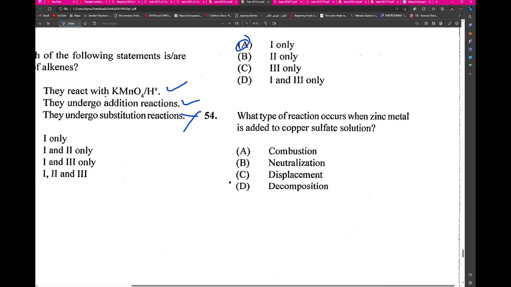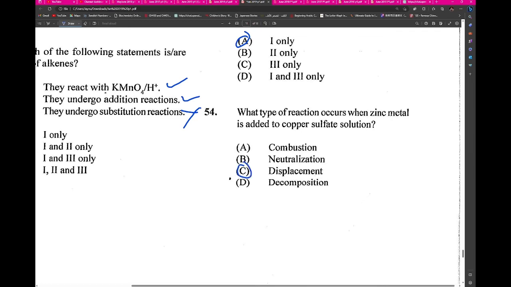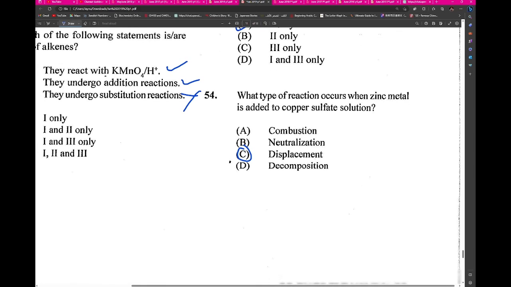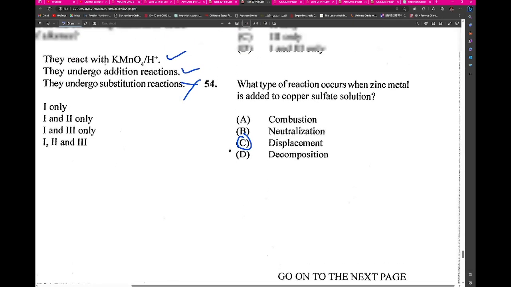What type of reaction occurs when zinc metal is added to copper sulfate? This would be displacement. One. But copper sulfate, right? Isn't copper more active than zinc metal?